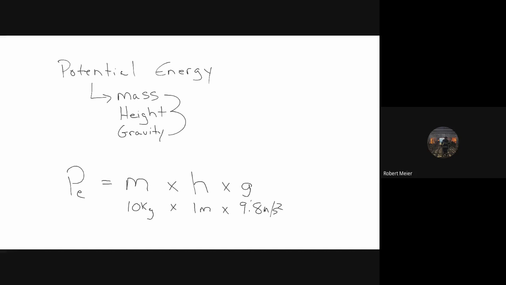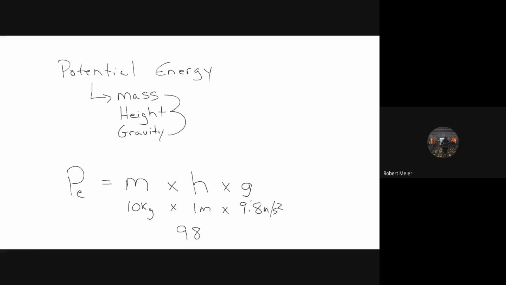So to figure this one out, if I have a 10 kilogram object that's 1 meter off the ground, and gravity is 9.8, 9.8 times 1 is 9.8. And you multiply that by 10, you get an answer of 98. Ooh, what is potential energy in?